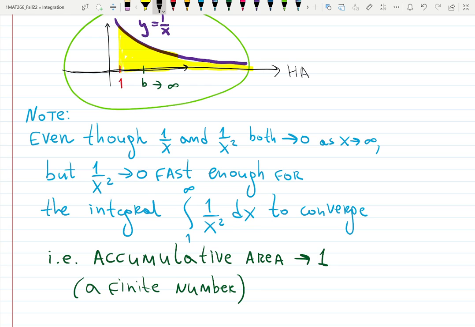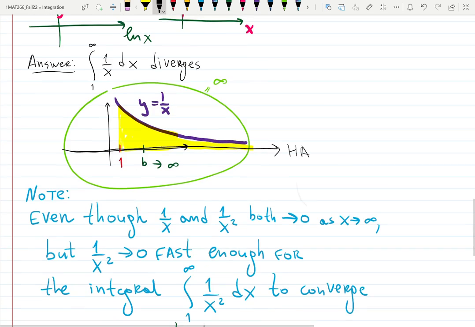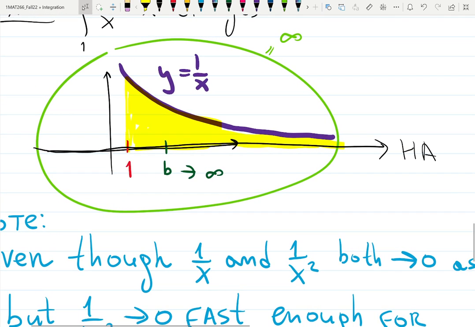Basically, the idea is, if the function hugs the horizontal or vertical asymptote soon, then the total area will be finite. If it's too slow to hug it, then it keeps accumulating so much area that it explodes to infinity. That's what it means for a speed to be faster or slower. 1 over x also hugs or approaches the horizontal asymptote 0, but it's too slow to do it.